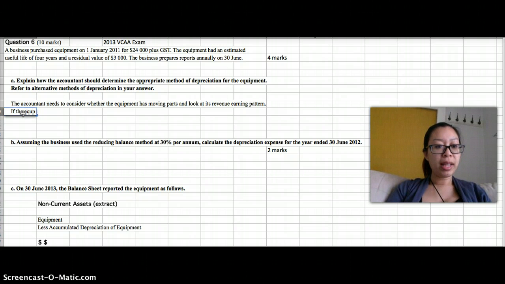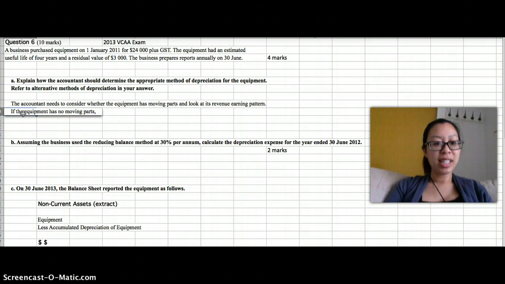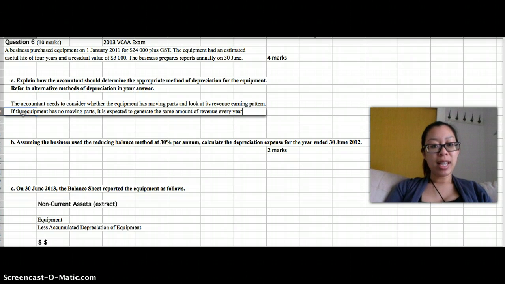If the equipment has no moving parts, it is expected to generate the same amount of revenue every year. You can say such as shelves, and the appropriate depreciation method would be straight line.